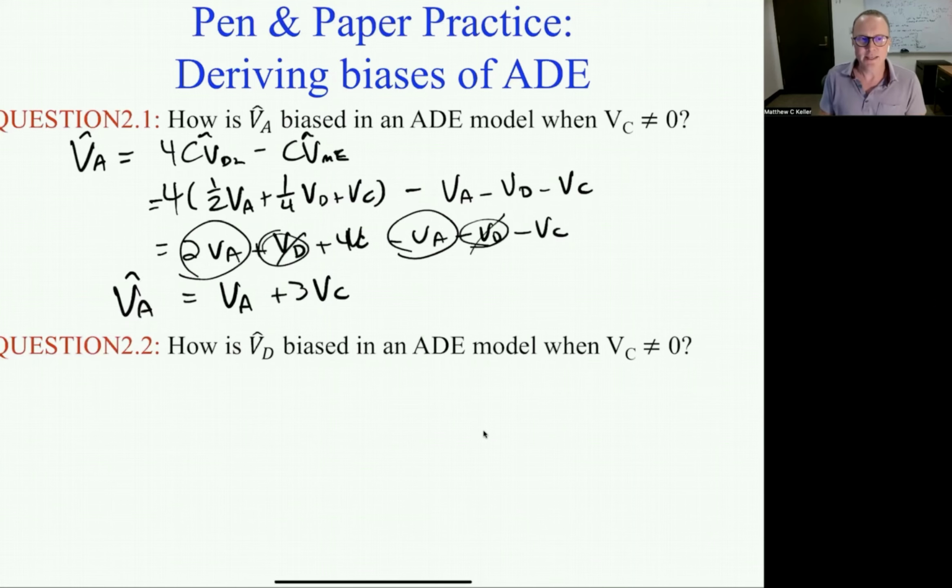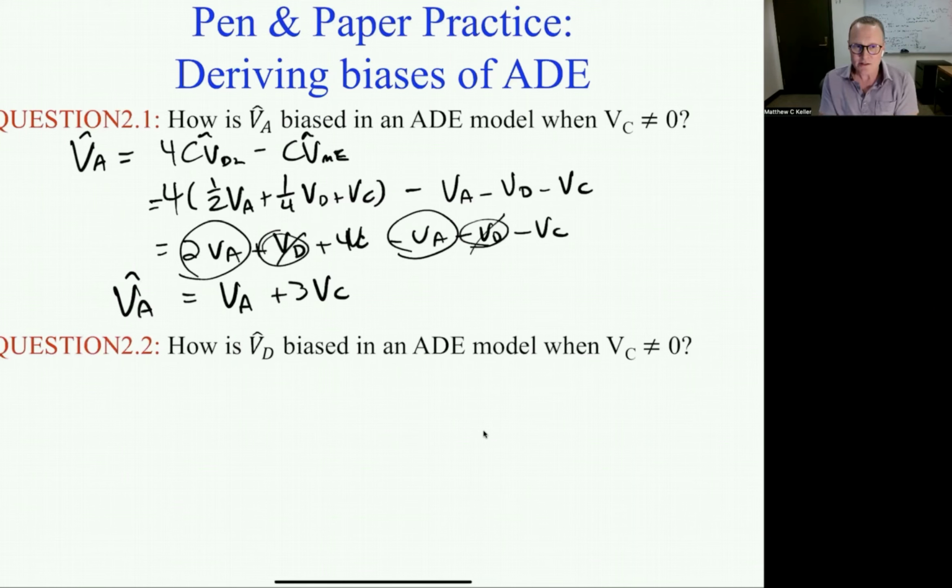So the estimate of VA in an ADE model is equal to the true VA plus 3 times whatever the VC is in the population. So VA hat in an ADE model is upwardly biased by 3 times whatever VC is in the population.